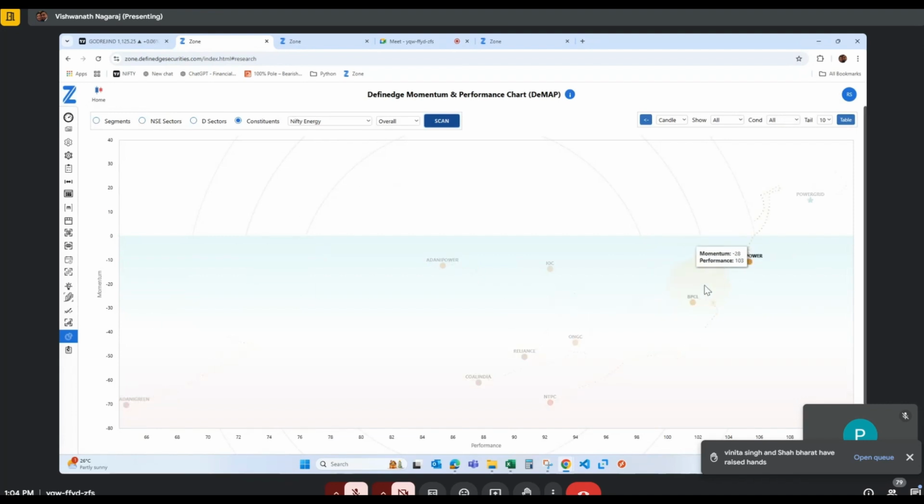Yes, energy is very bearish, right? It's almost in the right corner. But if you're holding Power Grid or Tata Power, it's still okay. Why? Because they're on the right end of the chart. Their performance and momentum might be falling, but they're not as bad as Adani Green or even NTPC or Coal India. They're still on high momentum and high performance.